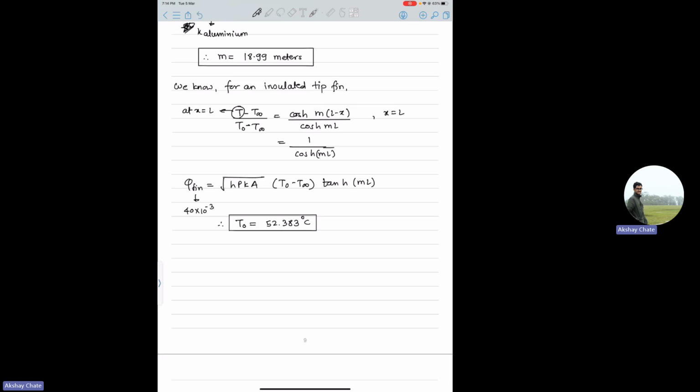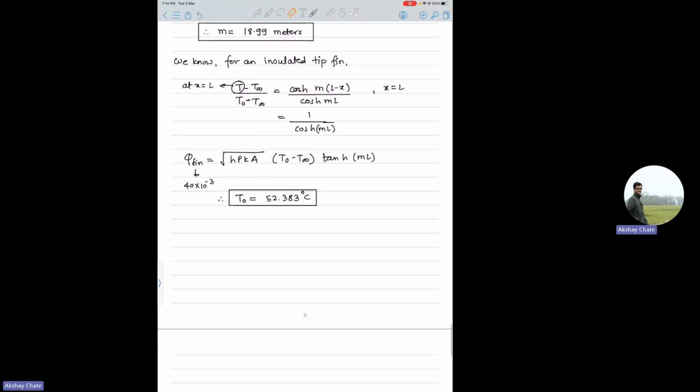And now you put this base temperature in the temperature distribution formula, and therefore you get your T at x equal to L is nothing but T infinity plus (T naught minus T infinity) into 1 by cosh(mL).